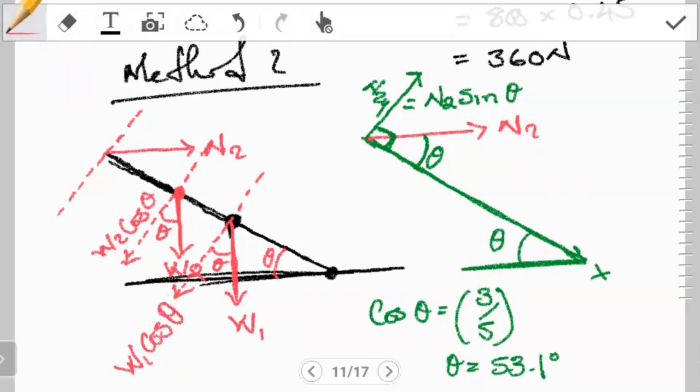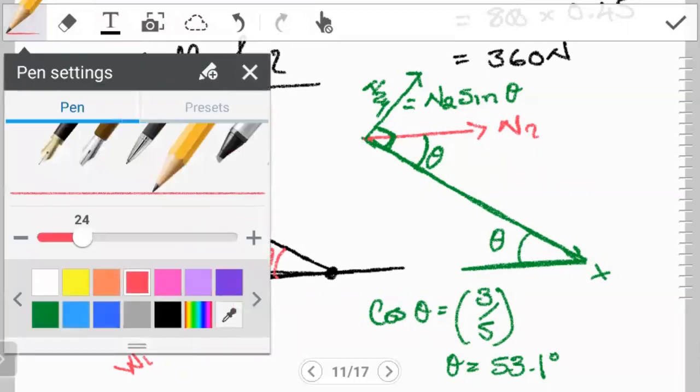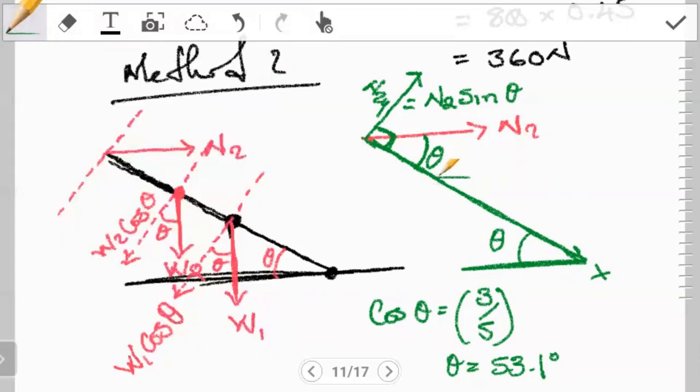So just notice the difference here. If I was to write them on this other diagram, one is going down this way: this is W2 cos theta, and then we have the one due to the weight of the ladder, going down like that. This is W1 cos theta as well.